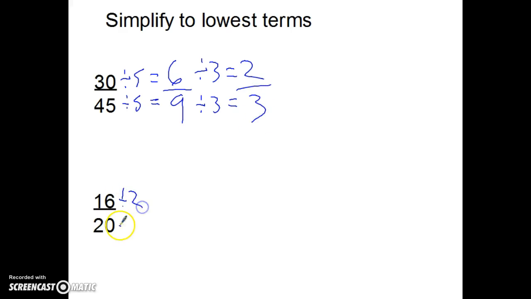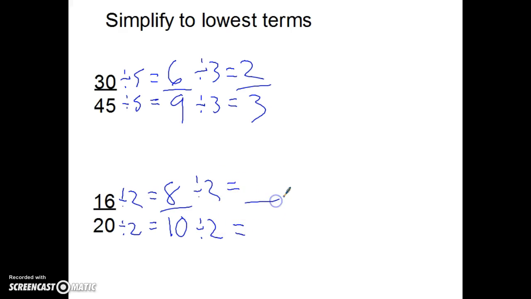I'm going to divide by 2. So I'm now at 8/10. But they're both still even, so I can divide by 2 again. Remember, we want to simplify all the way to lowest terms. 8 divided by 2 is 4. 10 divided by 2 equals 5. They're not even. Can't divide by 3, so I'm done.